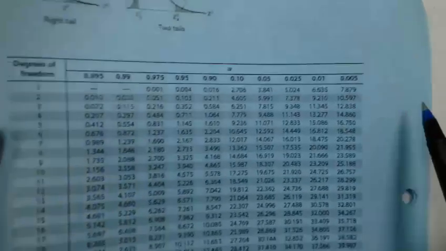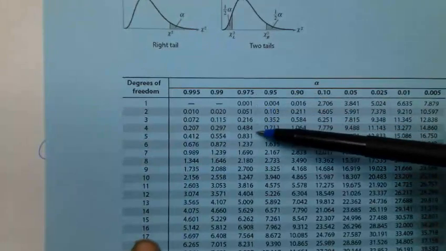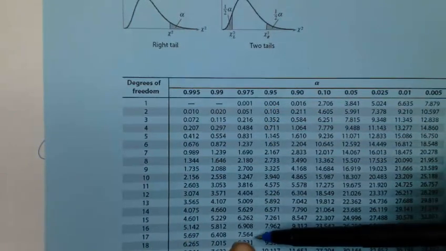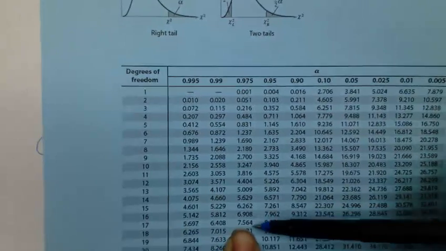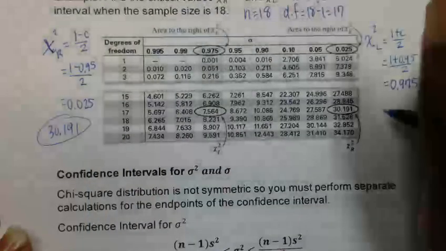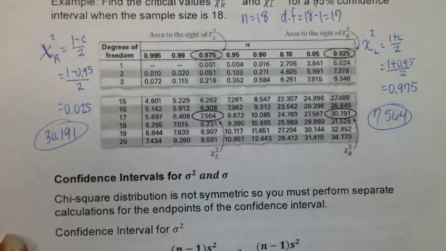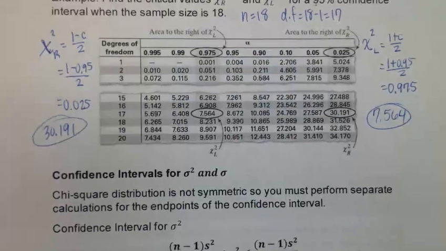For the right, 0.975 with 17 gives 7.564. So that's how you find your critical values.